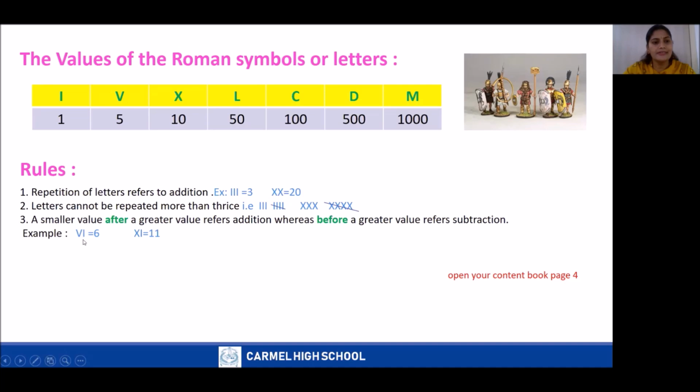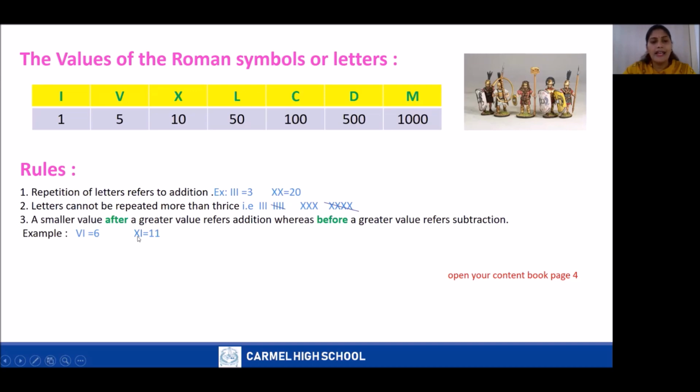Here you can observe V plus I. V plus I is equal to 6. A smaller value, which is I, is written after V, meaning we need to add. Right? V plus I is equal to 6. 5 plus 1 is equal to 6.